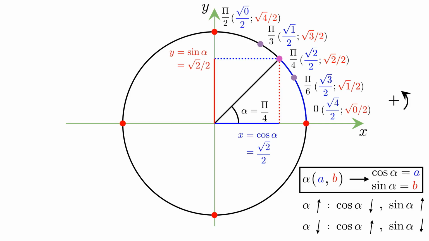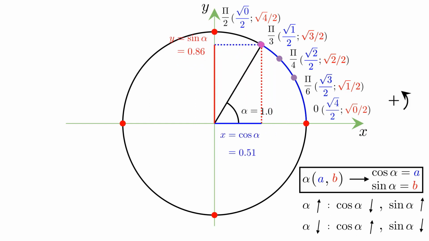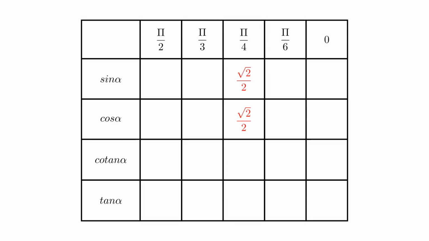Next, from the position of angle pi over 4, we increase the angle alpha until it reaches pi over 3. And remember the rule as alpha increases. The value of cosine will decrease to the square root of 1 divided by 2. The value of sine will increase to the square root of 3 divided by 2.